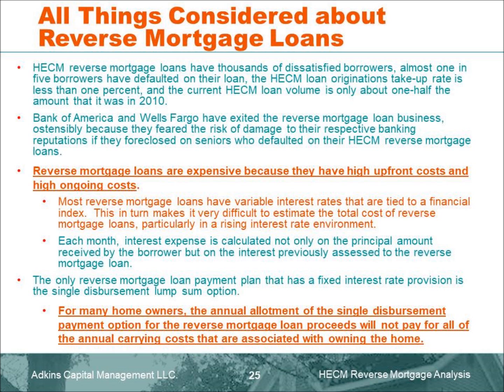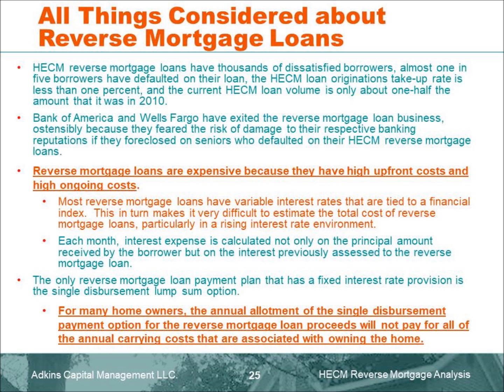Reverse mortgage loans are expensive because they have high upfront costs and high ongoing costs. Prospective borrowers should remember that most reverse mortgage loans have variable interest rates that are tied to a financial index. This in turn makes it very difficult to estimate the total cost of reverse mortgage loans, particularly in a rising interest rate environment.